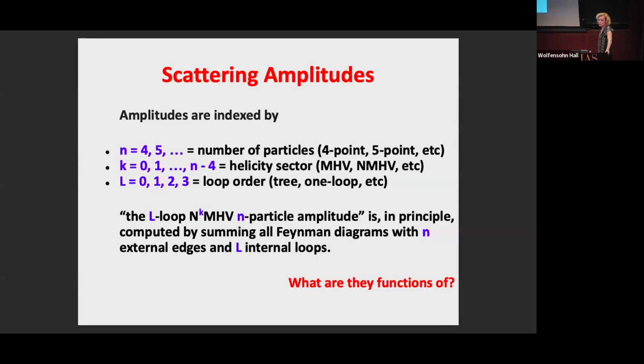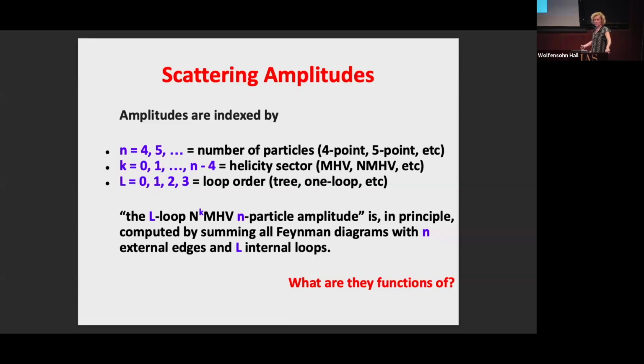And each amplitude is indexed by 3 numbers. The first is n, the number of particles, so you hear physicists talk about 4-point, 5-point, 6-point amplitudes, etc. The second is k, the helicity sector.